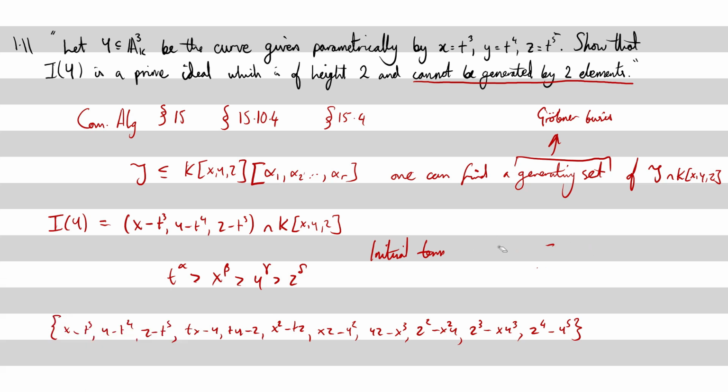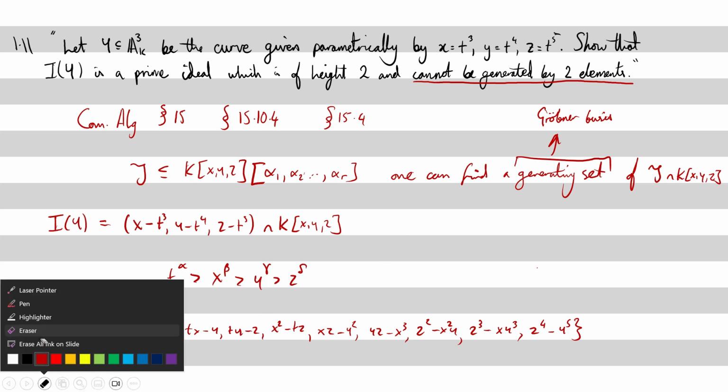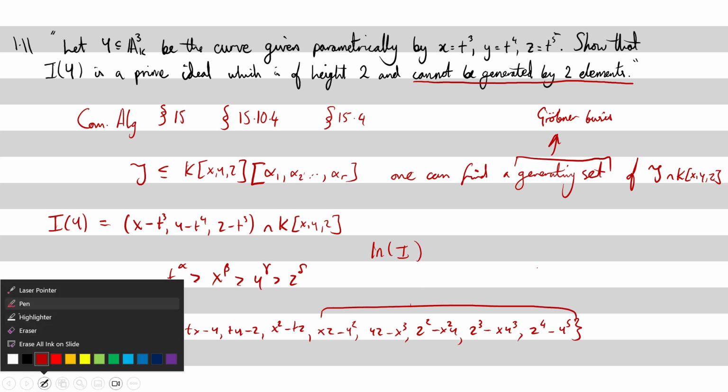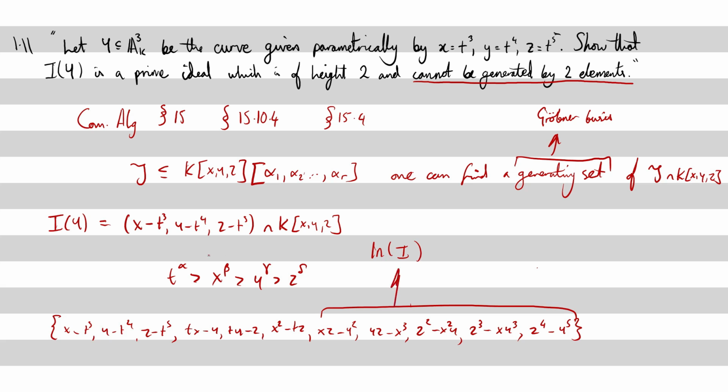Now, the ideal generated by the initial terms of every element of an ideal is called the initial ideal, INI. The initial terms of all of these form a basis for INI of y.